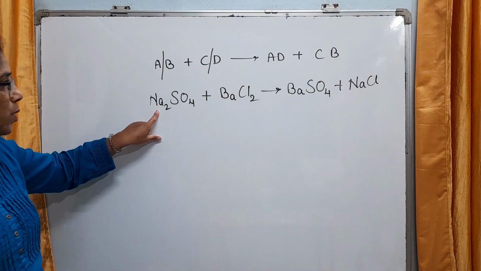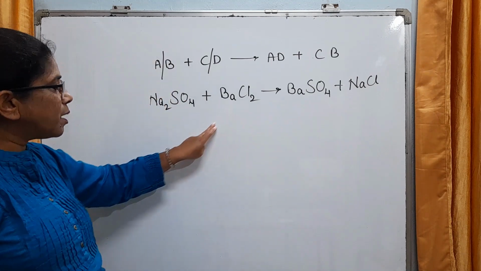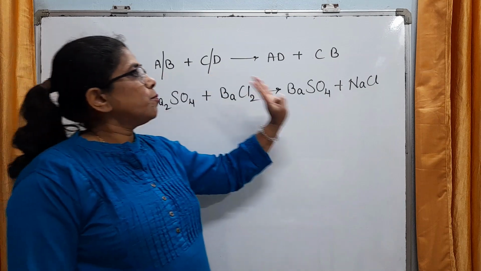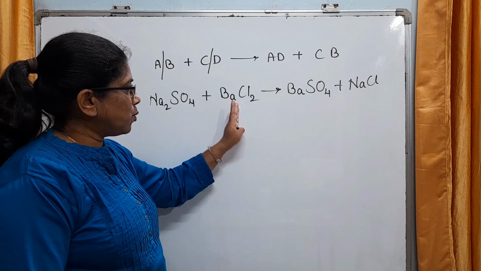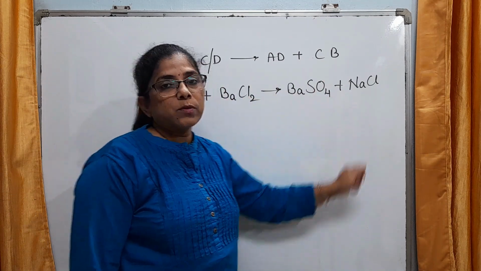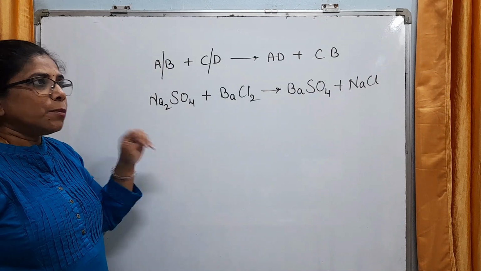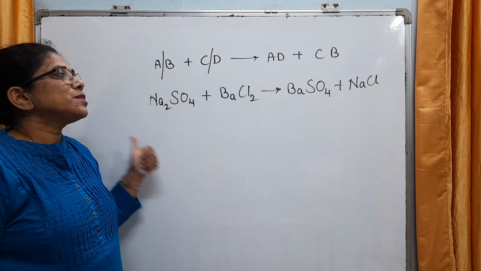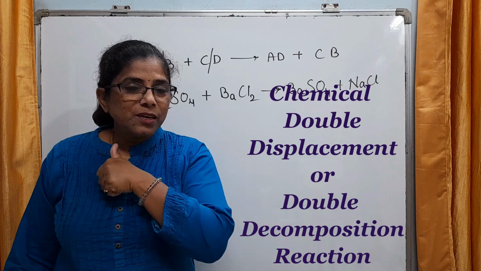Now see, sodium combines with chlorine to form sodium chloride, and barium combines with this sulfate to form barium sulfate. Means here sodium sulfate as well as barium chloride, both the compounds are breaking to form the new compound. So such reactions where two compounds break, double displacement takes place. So such reactions are called as either double displacement or double decomposition reactions.